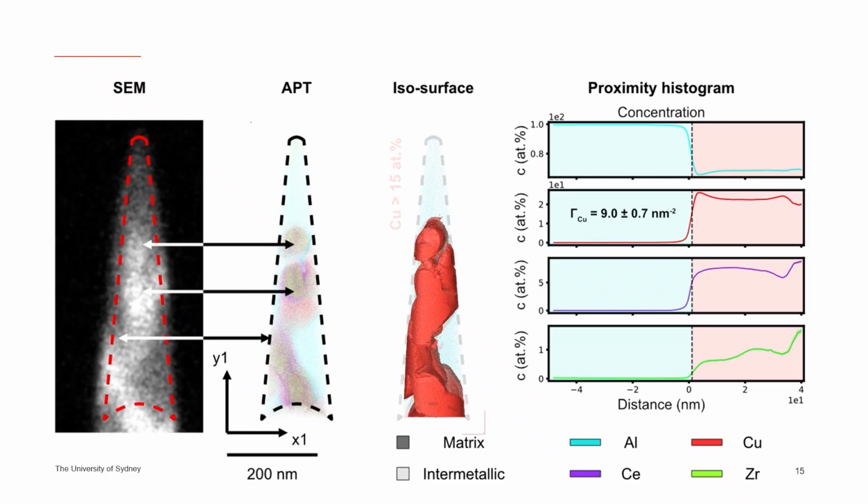Using a 15 atomic % copper iso-concentration surface, we can further segment the data into matrix and intermetallic and perform compositional analysis of their interfaces. For example, here we found that some slight enrichment in copper occurs at the interface of the intermetallic phase.